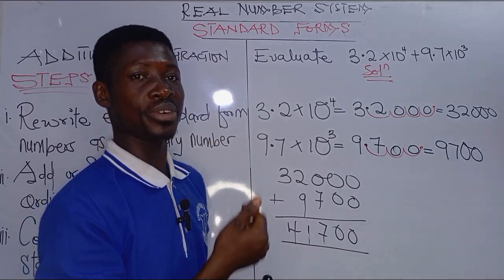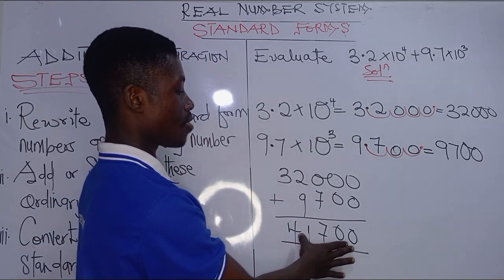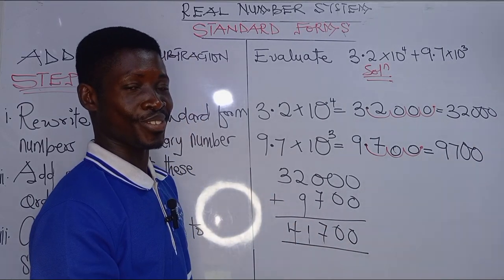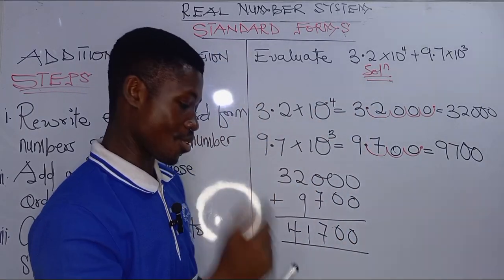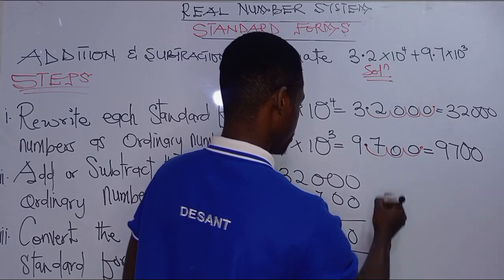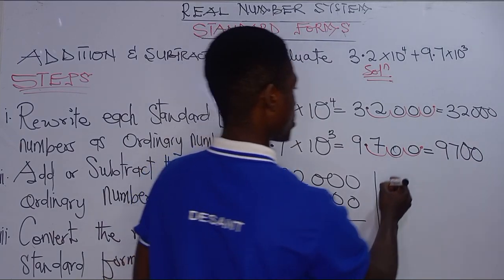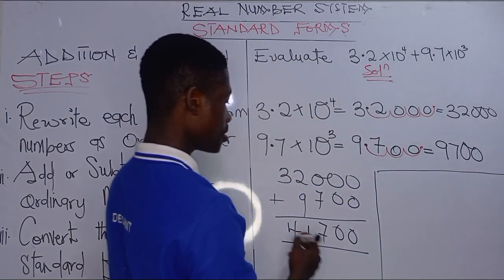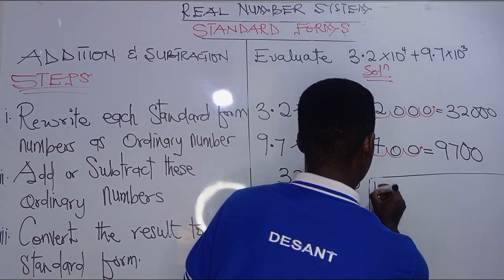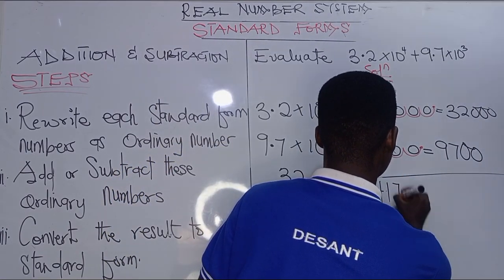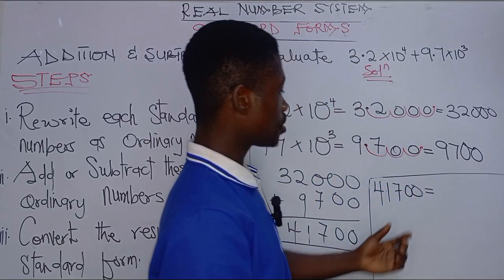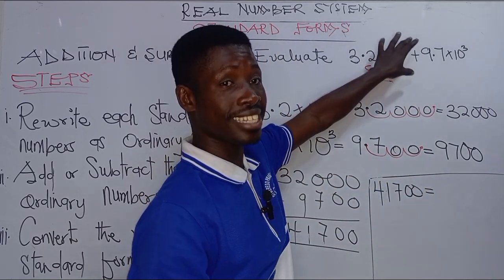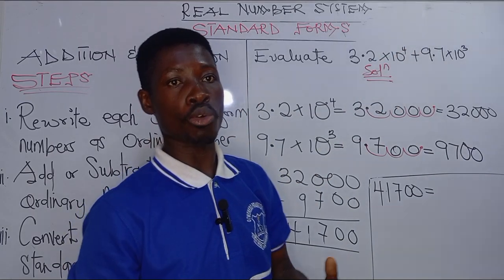Now the last thing we are going to do is convert this number to standard form because the question was given in standard form. The sum is 41700.